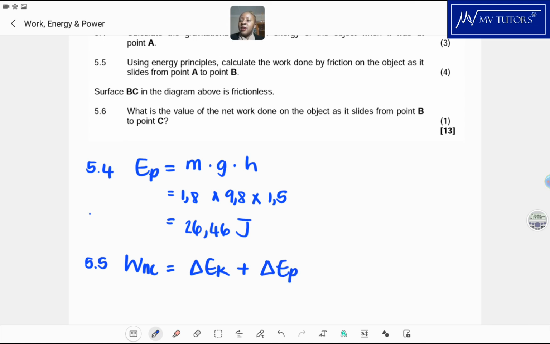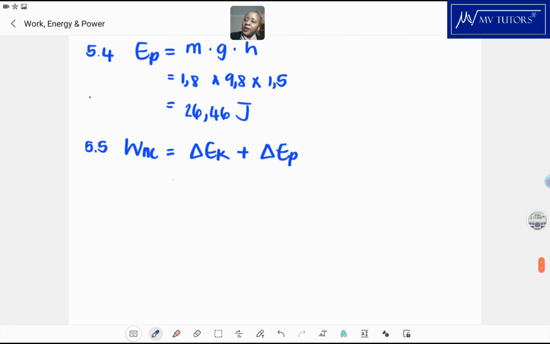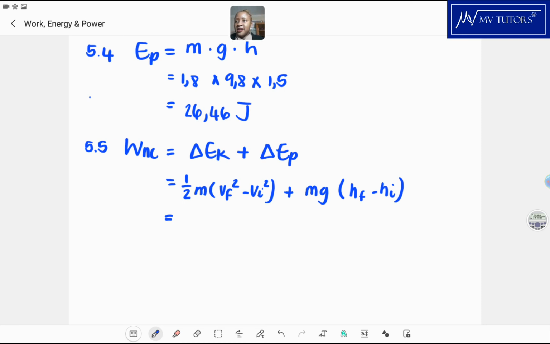So I'm just going to expand this equation: we have half m times velocity final squared minus velocity initial squared, plus mg times height final minus height initial. So we need to go look for the velocities.